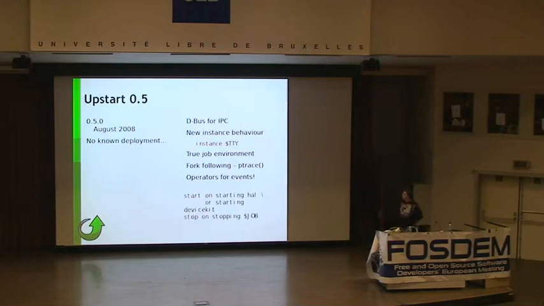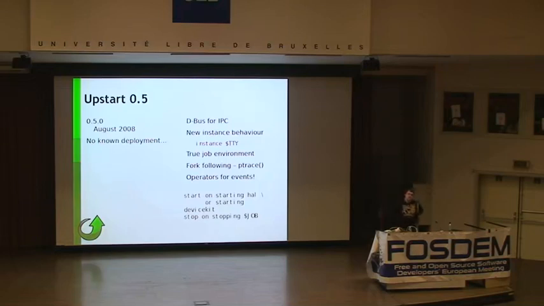There was a controversial feature of 0.5. One of the things I've been trying to work out is how to supervise daemons. Daemon processes have an annoying habit of forking and going off into the background, disconnecting them from the process that runs them. And this is annoying because you can't really supervise them. Now, many other init daemons have said, well, don't fork off into the background.